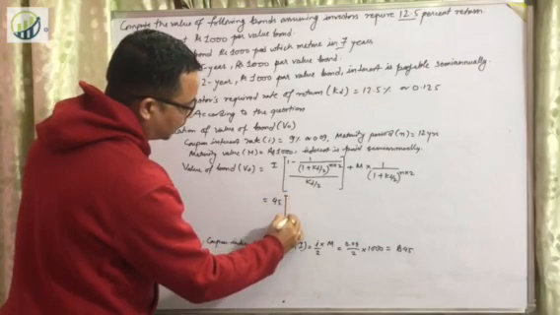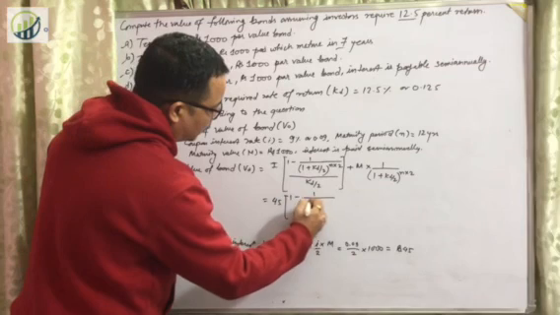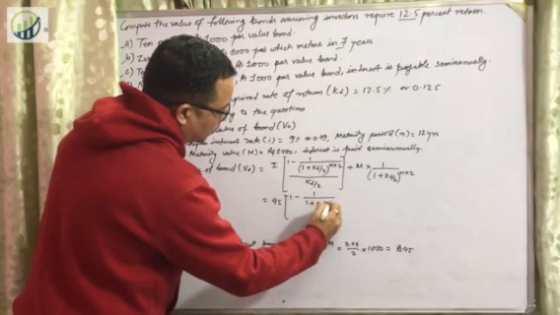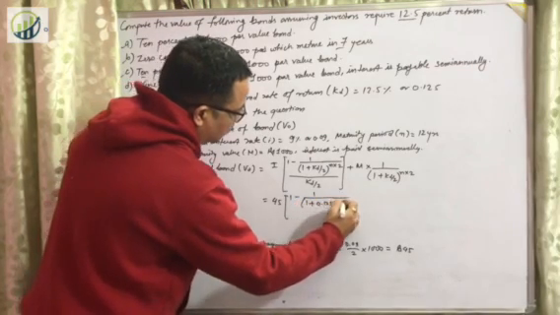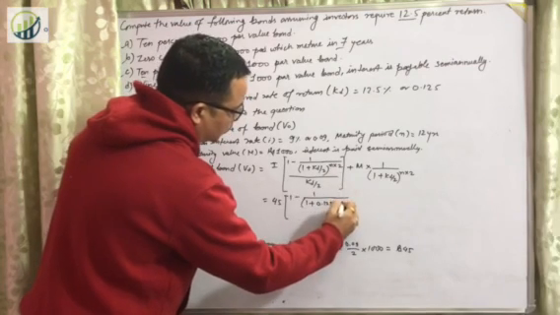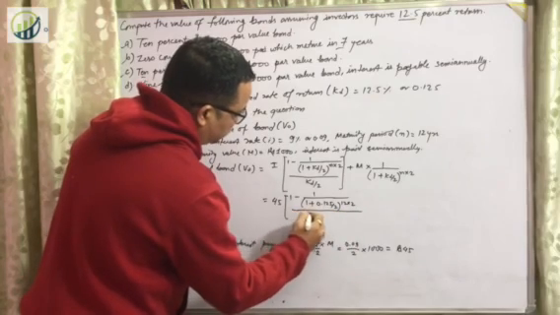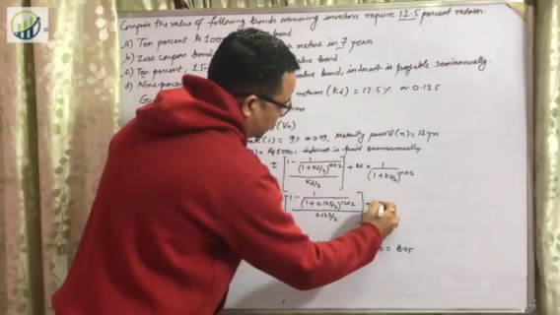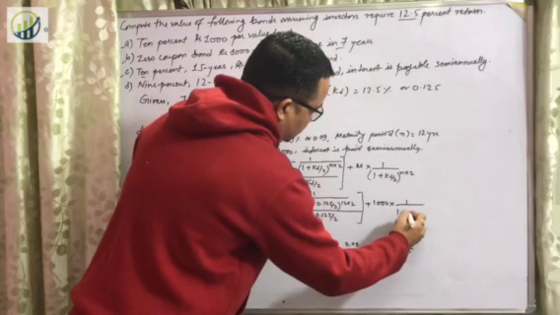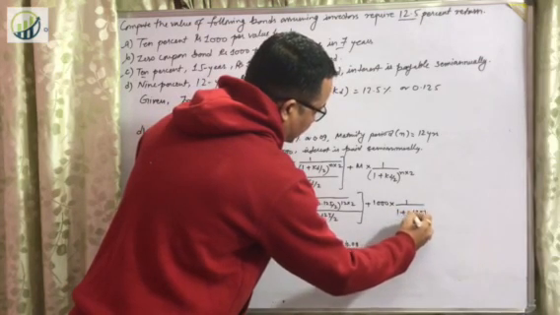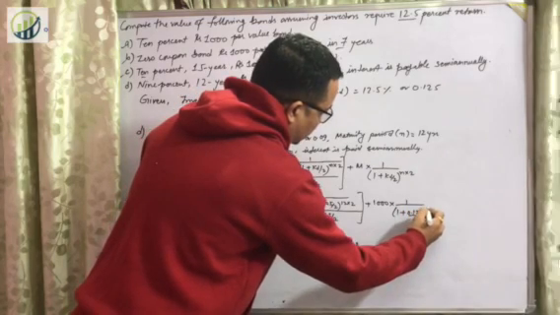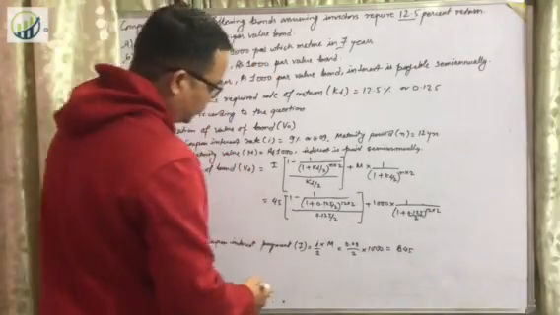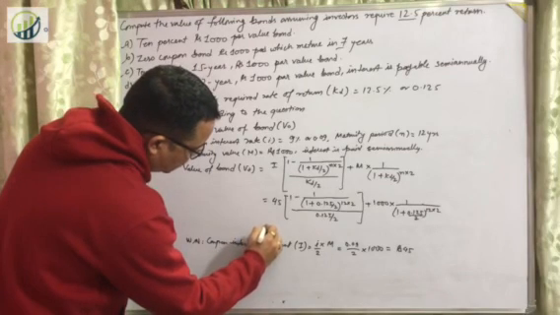So 45 bracket 1 minus 1 upon 1 plus 0.125 divided by 2 bracket close, then N is 12 into 2, divided by 0.125 divided by 2 bracket close, plus M, 1000 into 1 upon 1 plus 0.125 divided by 2, then 12 into 2. Now let's write the values below.